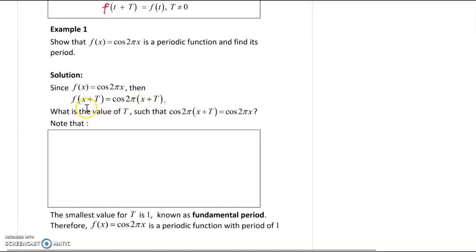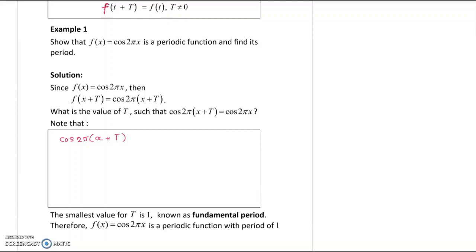So for f(x + T), we just substitute x with x + T. The x here will now be replaced with x + T. So it means that we are looking for this one first.